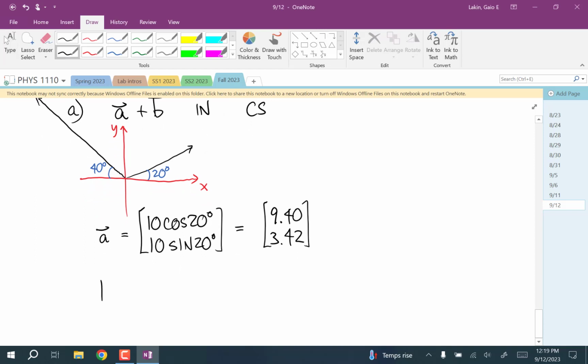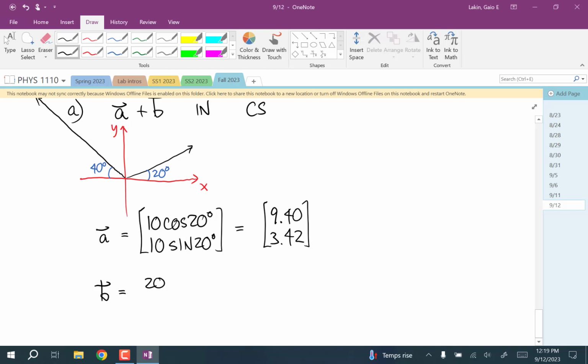And now the vector B, with a magnitude of 20. So we're going to multiply 20 times cosine and sine of something. What's the counterclockwise angle to get from the x-axis to this other vector in the second quadrant? 140. Yeah, 140, because if you went all the way from the x-axis to the negative x-axis, that would be 180. But then you'd have to backtrack 40 degrees. So 180 minus 40 is 140. Okay?